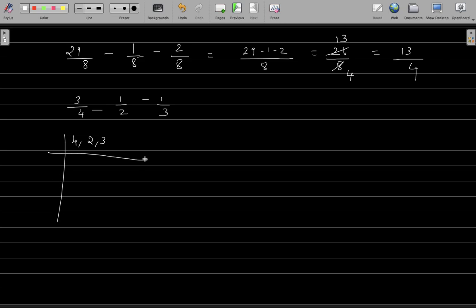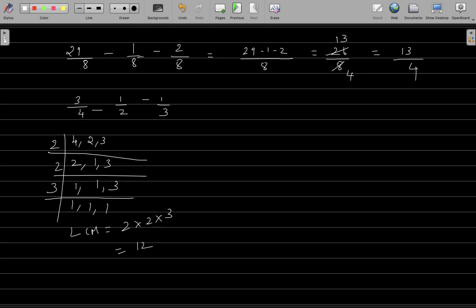How are we going to take the LCM? Let us start with 2. 2 times 2 is 4. This is 1 and 3. 2 times 1 is 2. Bring down 1 as it is. 3 is not divisible by 2, so keep 3 as it is. And 3 here you have, this is 1, 1 and 1. So the LCM is 2 times 2 times 3, which is 12.